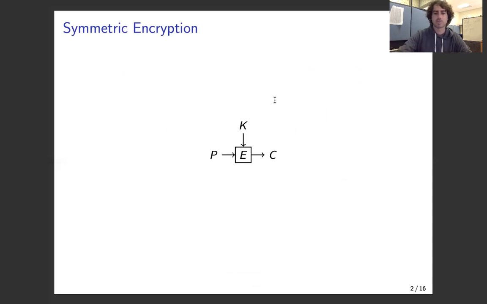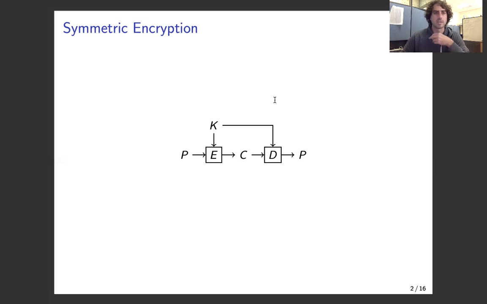Because the inverse of the function, D for decrypt, takes the same key and the ciphertext and produces the plaintext P. What we will look at in this presentation are distinguishers and how to bound the best possible distinguishers for a cipher.